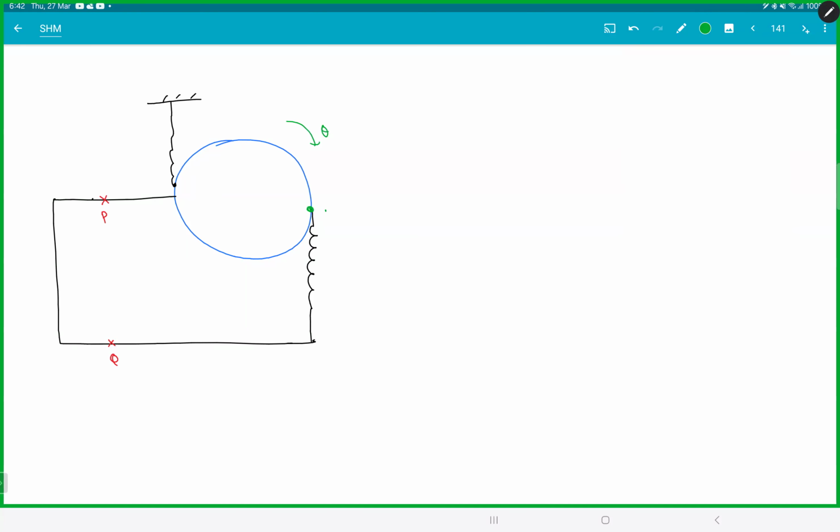This point here will go down by r theta. This point here will go up by r theta. On top of it, this rod will become something like this. Again, it's not to scale. This will become like this, where this angle will be theta and this will also be theta.